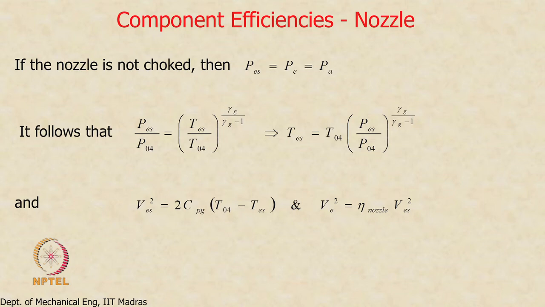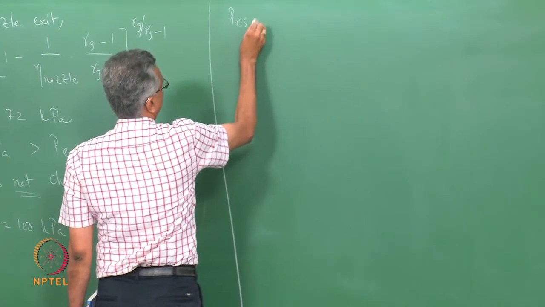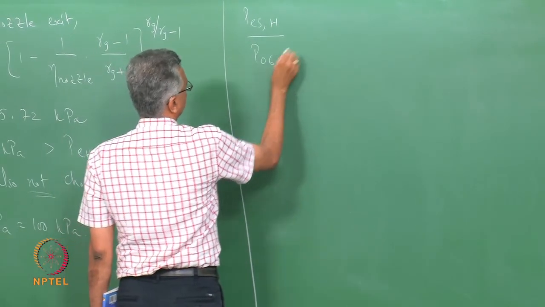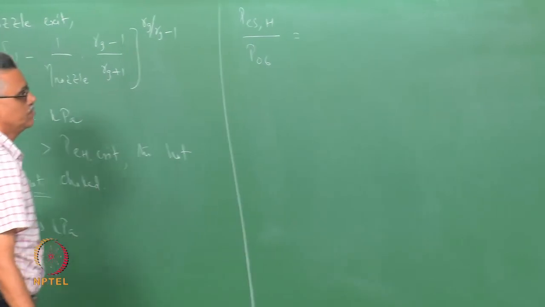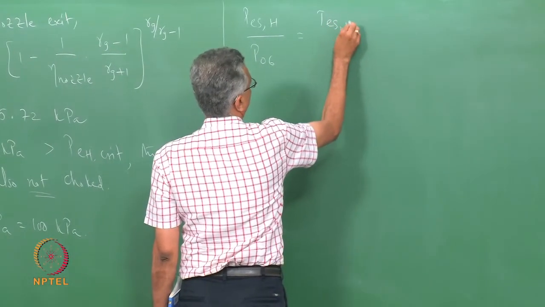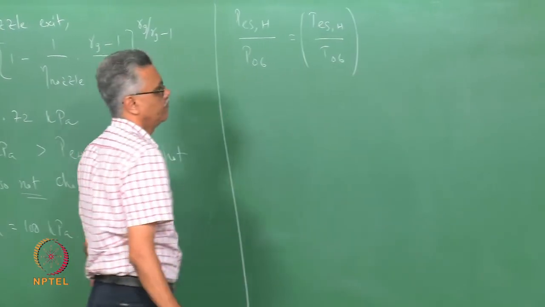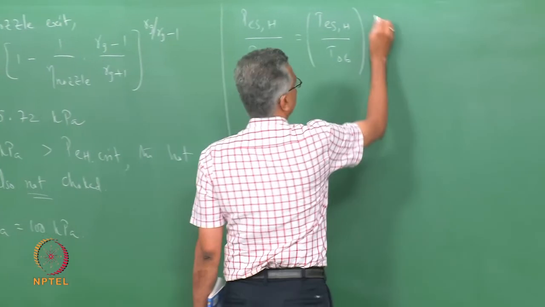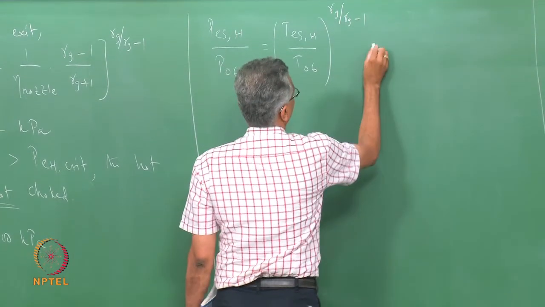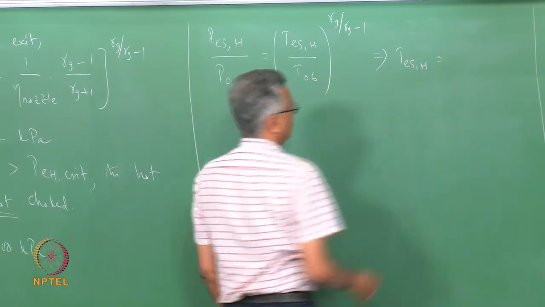I can write PES for the hot nozzle divided by P06 is equal to TES for the hot nozzle divided by T06, to the power gamma g over gamma g minus 1. From this I can calculate my TES for the hot nozzle.